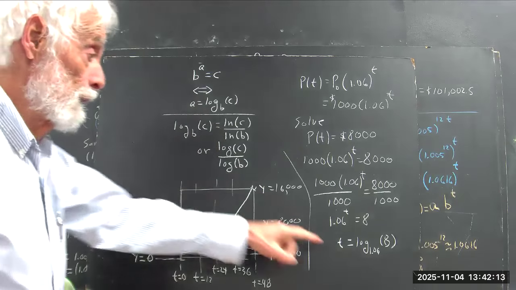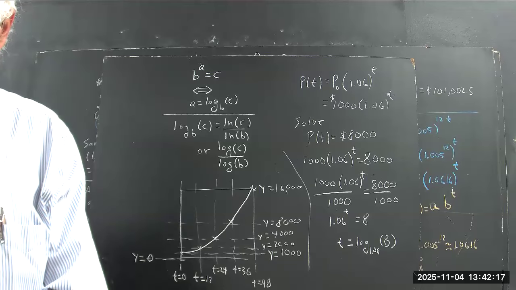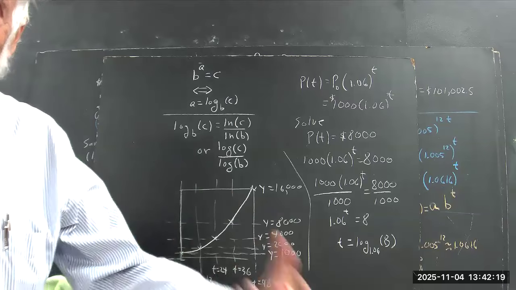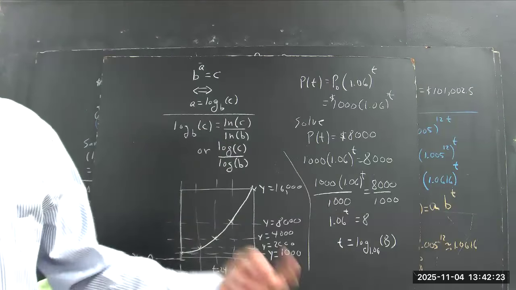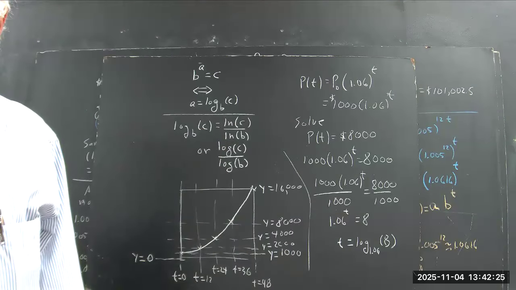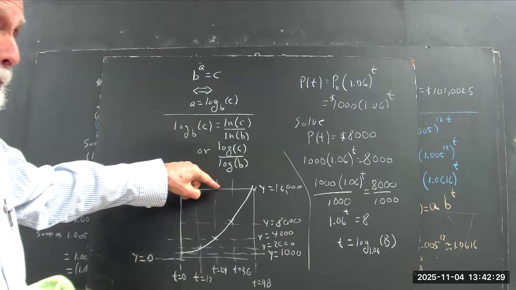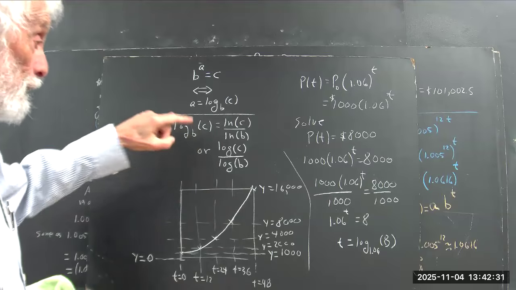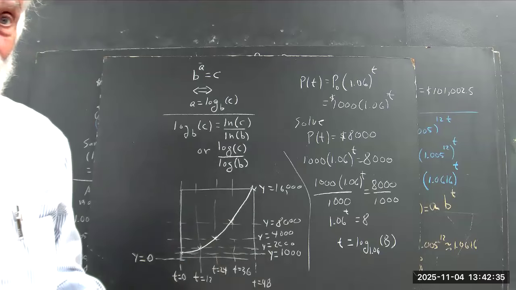But in solving an equation like this, it doesn't make a bit of difference. Any log will work, if you use the same log in the numerator and in the denominator. If you use log base 47 up here and log base 47 down here, you're going to get the same answer you would for ln or for log.